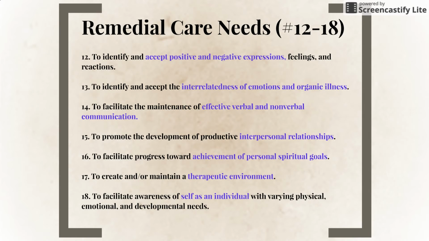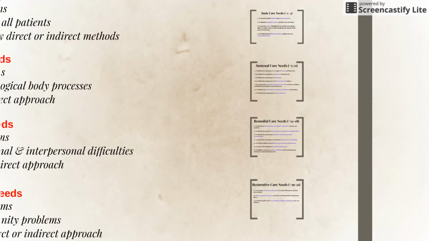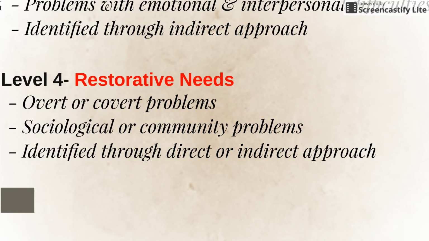Also to facilitate the maintenance of effective verbal and nonverbal communication, helping them develop productive interpersonal relationships, facilitate progress towards achievement of personal spiritual goals, and help create and maintain a therapeutic environment for the patient. The last one is to facilitate self-awareness of the individual with varying physical, emotional, and developmental needs. So looking at the patient in a holistic sense, how old they are and how that can contribute to their awareness.